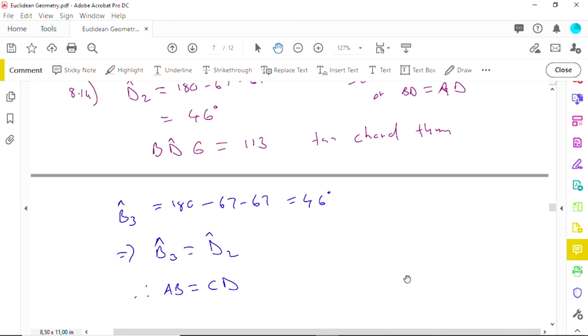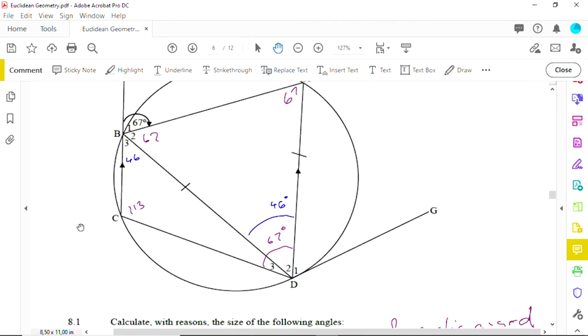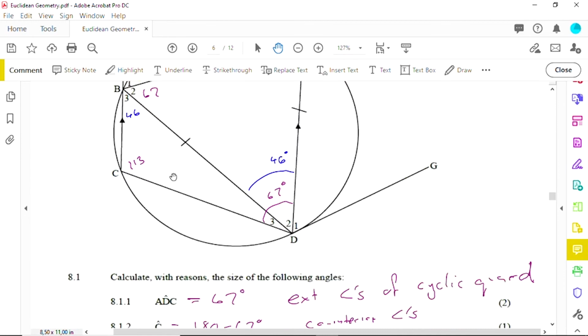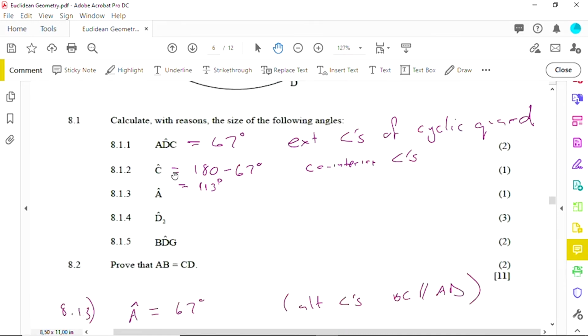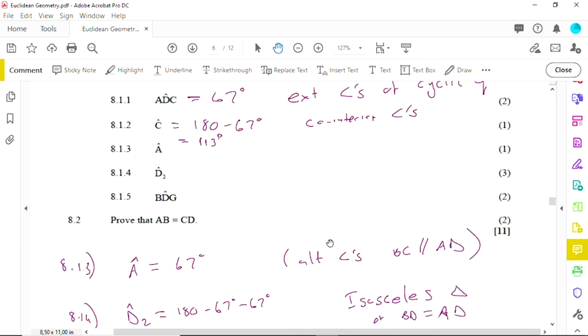The reason is that it is the converse of angles in the same segment with the same chord. Angles subtended by equal chords are equal, not common but equal.